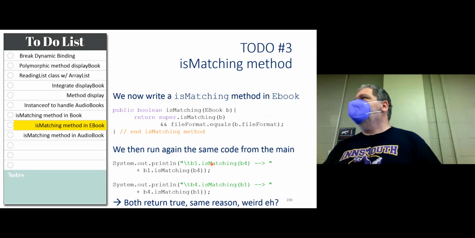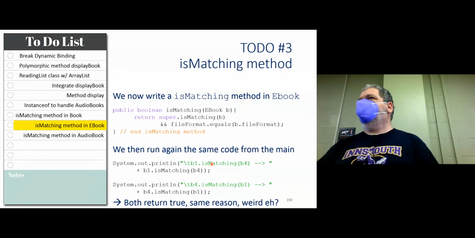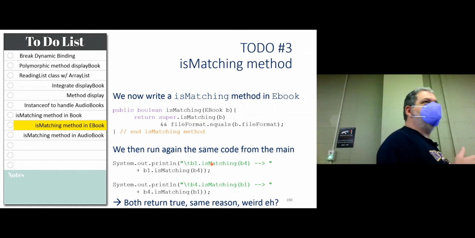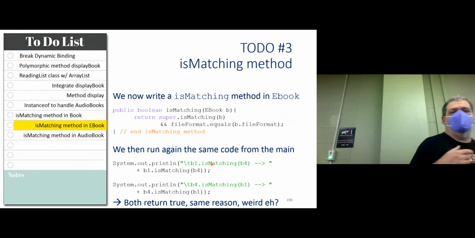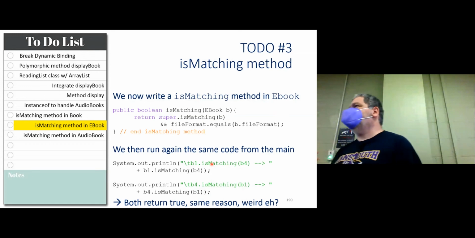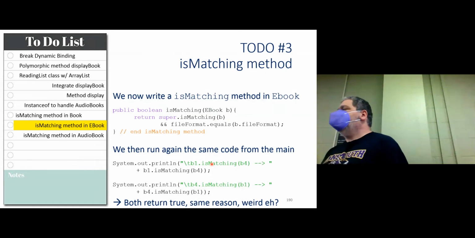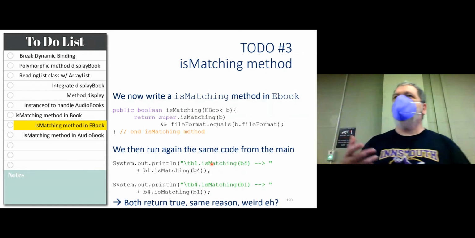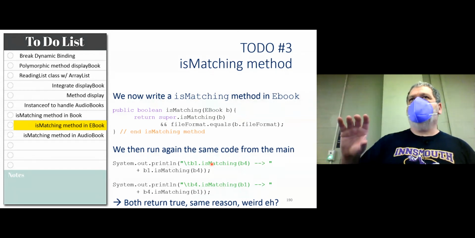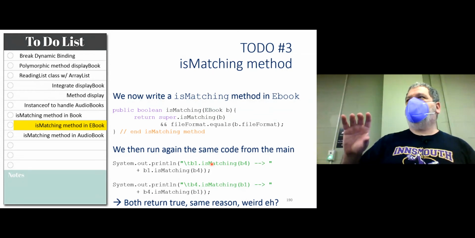Well, that's lucky for us. I do have an isMatching method in the class Ebook. Okay, what does it look like? It takes an ebook as parameter. Well, here I'm passing b1. Ah, man, that's not fitting. What would I have to do to transform b1, a book, into an ebook? What type of operation?